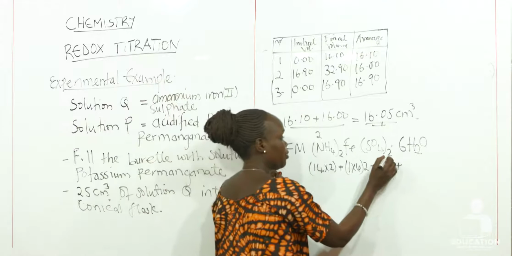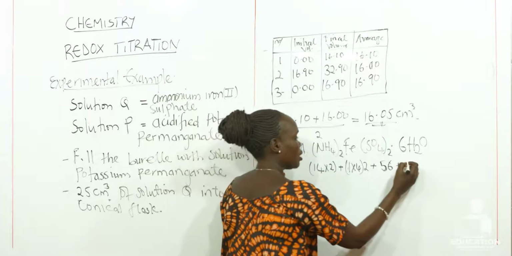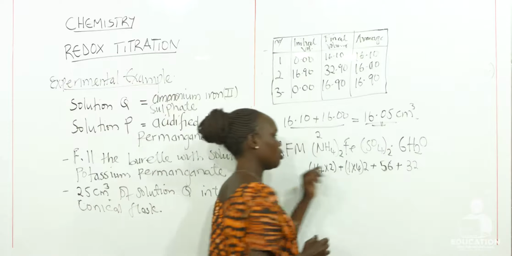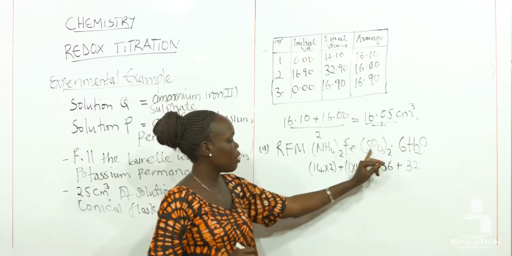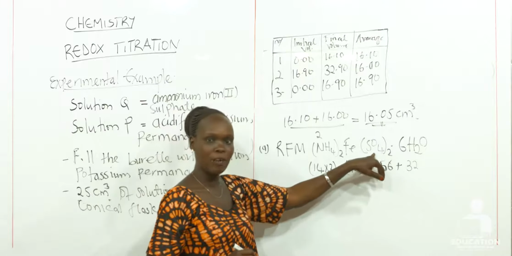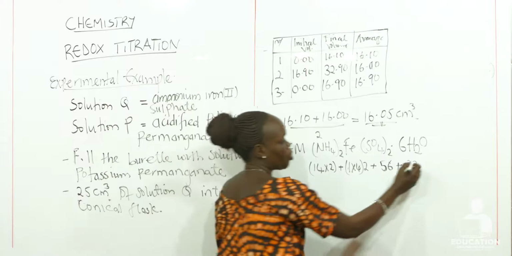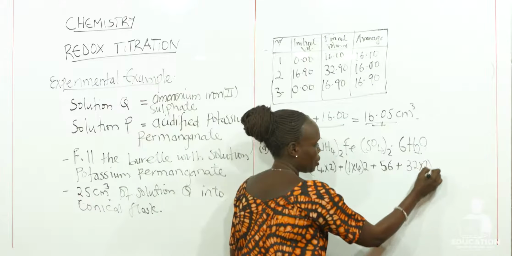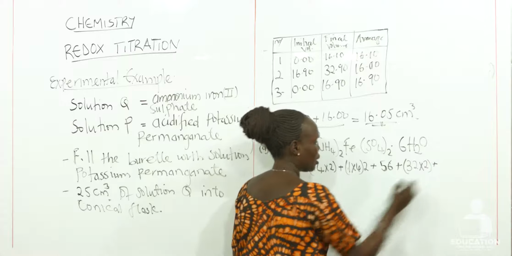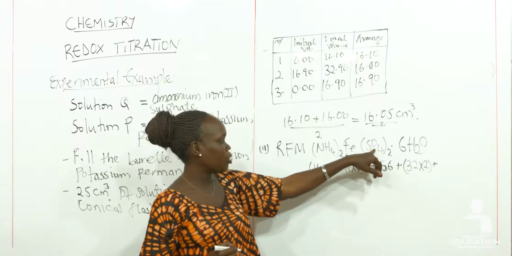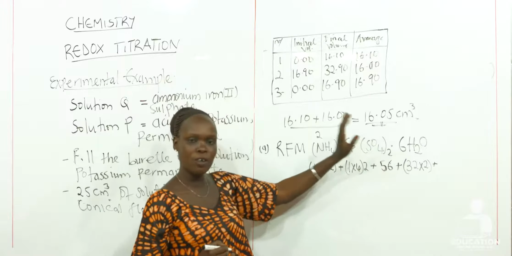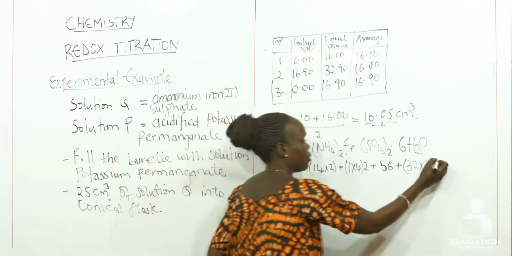So we shall have 56 plus 32. 32 is the atomic mass of sulfur. How many sulfur do we have? We have 2 atoms of sulfur in this chemical formula. So we have to multiply by 2 again, plus oxygen. There are only 4 atoms of oxygen, but the atomic mass of oxygen is 16. We multiply it by 4.